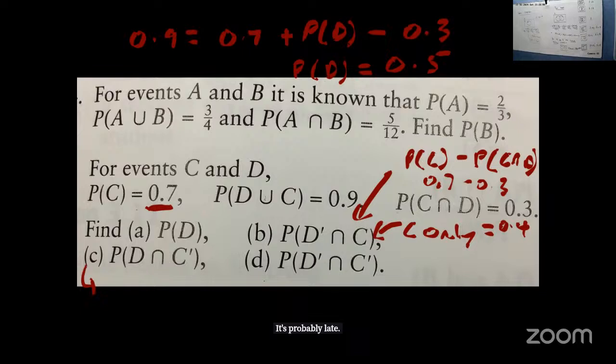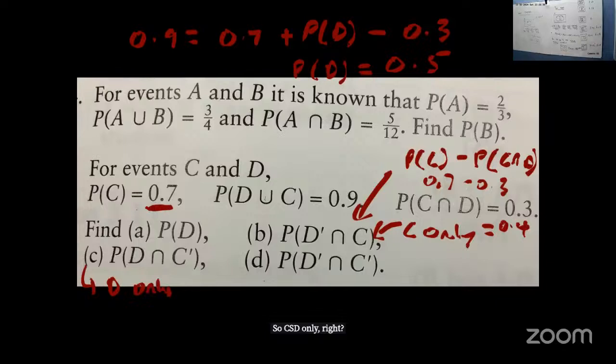Right, Mikai, I'll pick on you then. How are we getting part C? See it in words, part C. So C is D only, right?